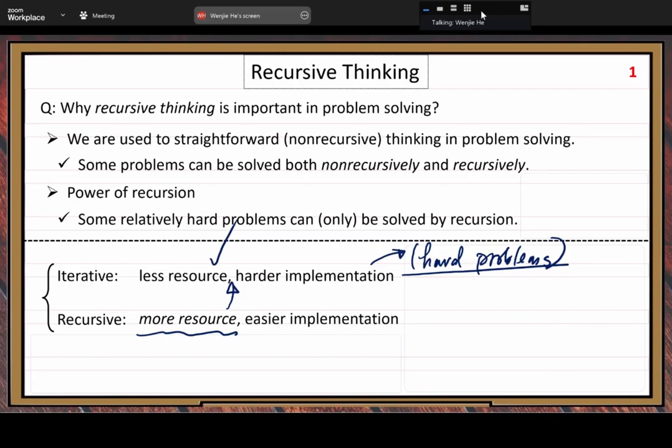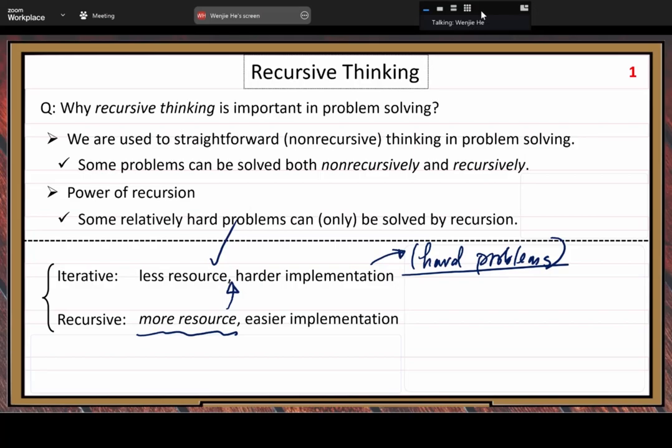But those people who create these programming languages, in order to support recursion, they need to create some internal mechanism to support it, right?